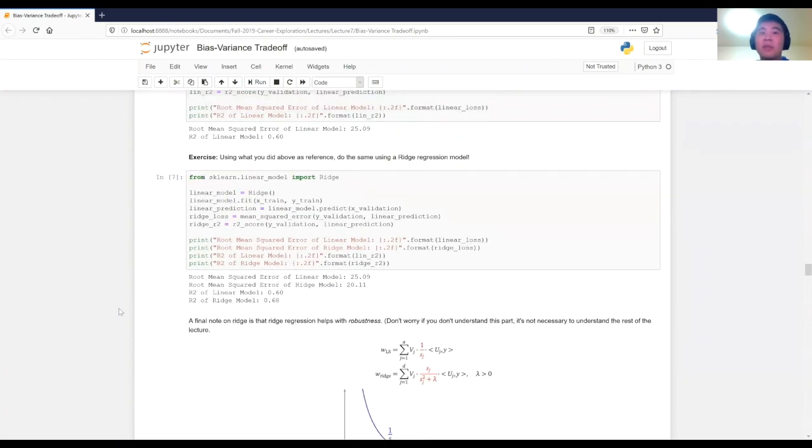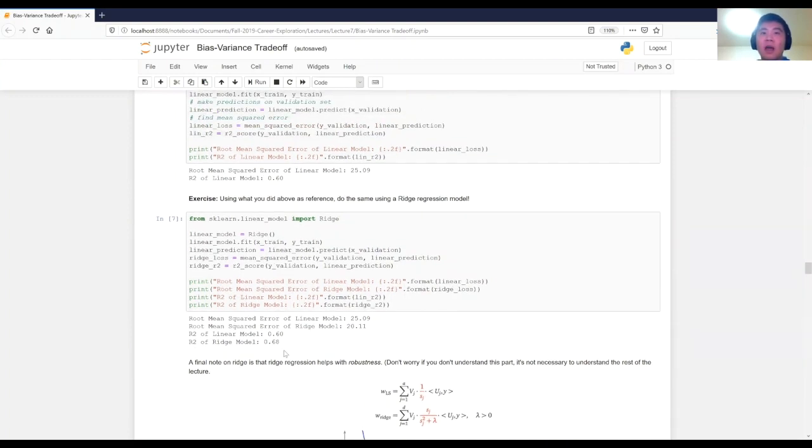So let's do the same thing for ridge regression. We can see that the root mean squared error of ridge regression is actually better than linear regression, which is what we expect. Ridge regression helps generalize our model.